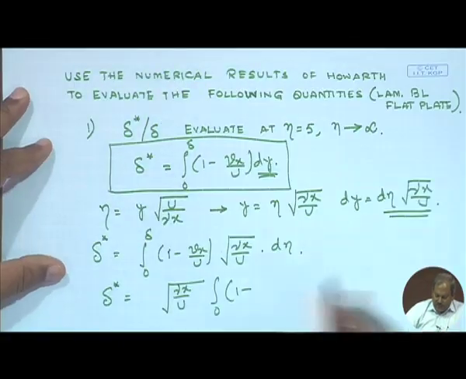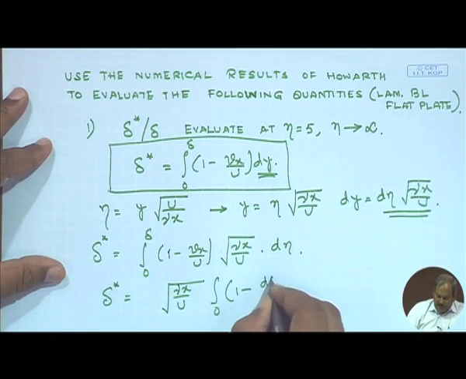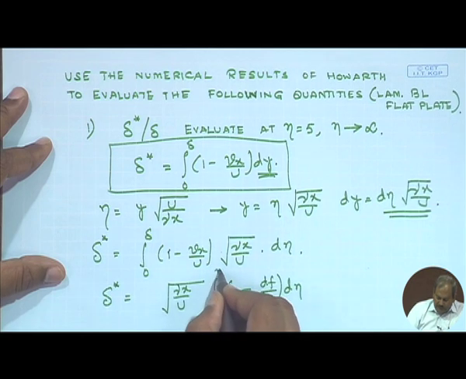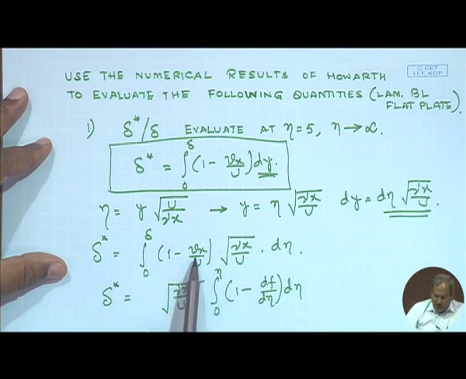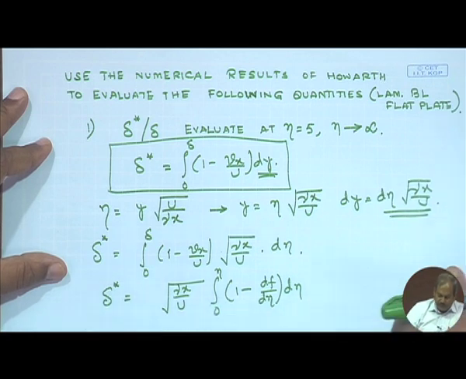So I will change this Vx by u to df d eta, with d eta, and the limit of the integration changes from delta to eta now, since everything is in terms of eta, the independent variable. So a simple substitution of Vx by u from our previous definition gives the expression for the displacement thickness.